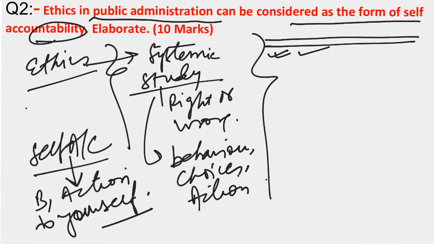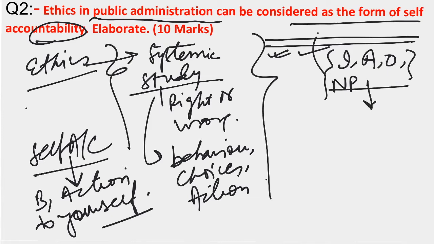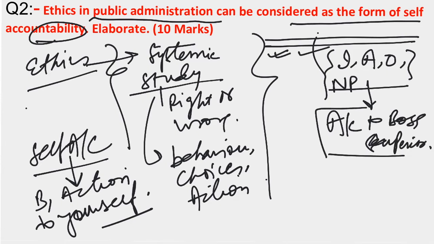Therefore, all the qualities that a public servant should uphold, for example integrity, accountability, objectivity, non partisanship, each and every value can be upheld only when the public servant is accountable to himself. Because if you are accountable to your boss or superior, then if the circumstances permit, you may not be accountable.